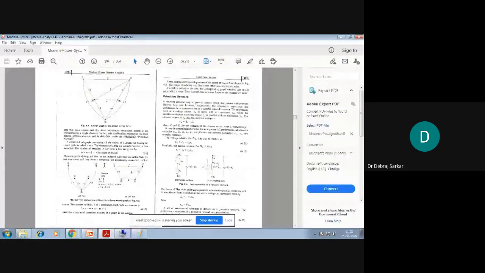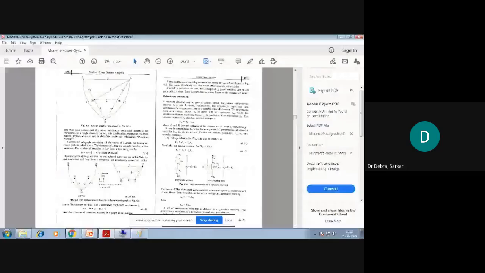Similarly, in the co-tree, now if you see any link, I'll just zoom it.